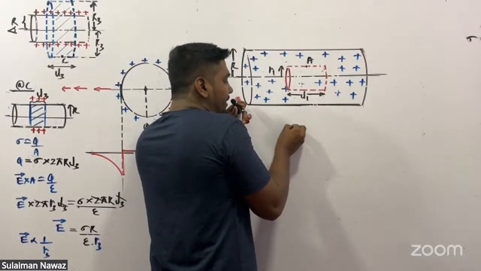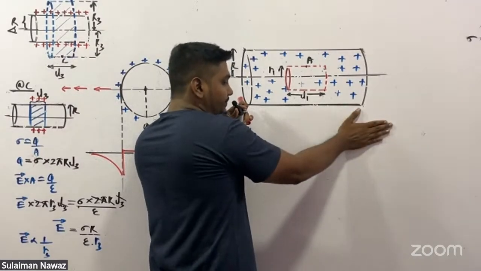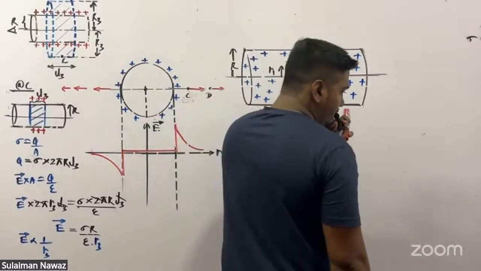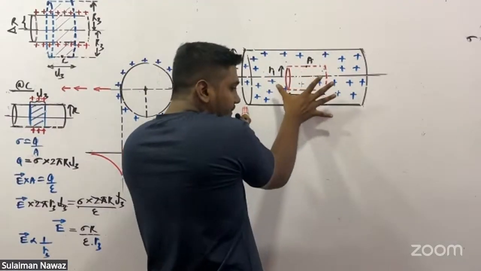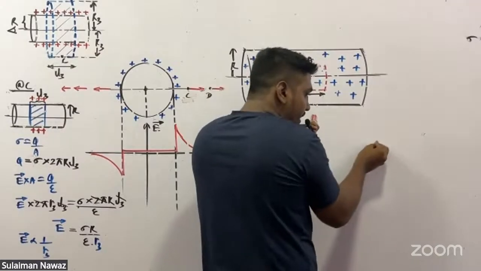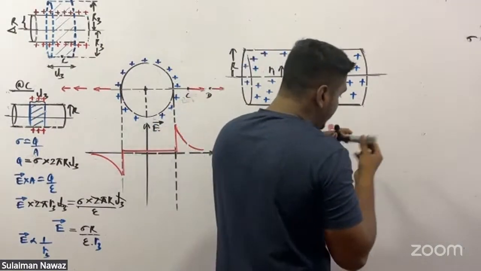Step number two is to identify the electric field line distribution. Already you know that, but I will do the diagram. How do these electric field lines distribute? I'm not drawing the electric field lines on this main diagram, but on the same diagram at a smaller scale I show how the electric field lines distribute when you look from the front.